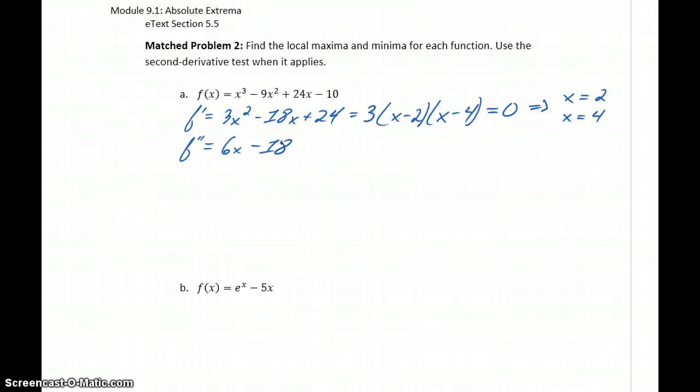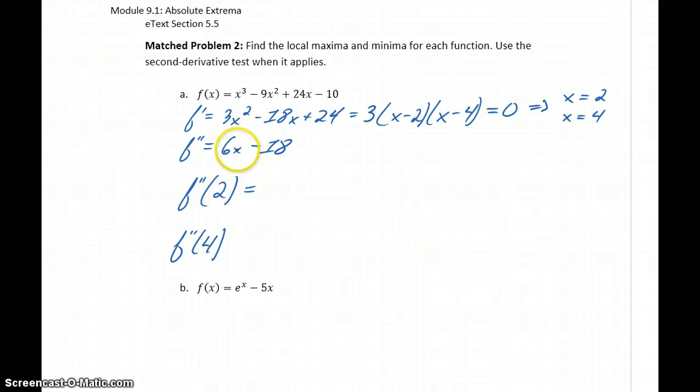So now what we do is evaluate the first and second derivatives at both of these values. Really, we can skip this step of evaluating the first derivative at those two values because we already know that f prime evaluated at 2 is going to give us 0. f prime evaluated at 4 is going to give us 0. So really, we need to look at the second derivative and evaluate that at 2 and at 4.